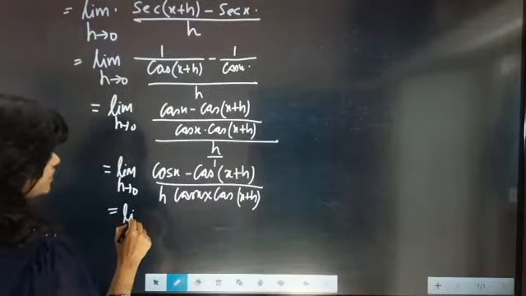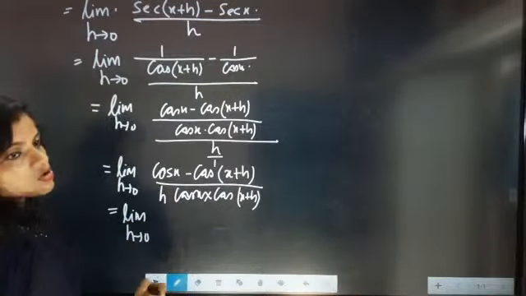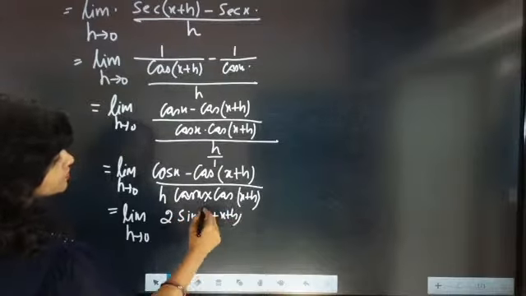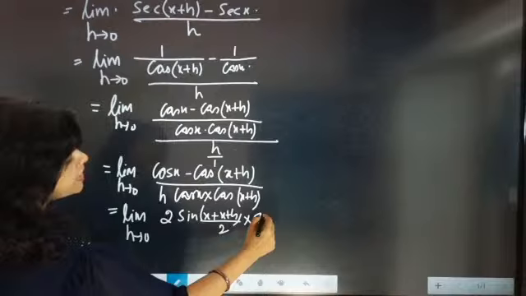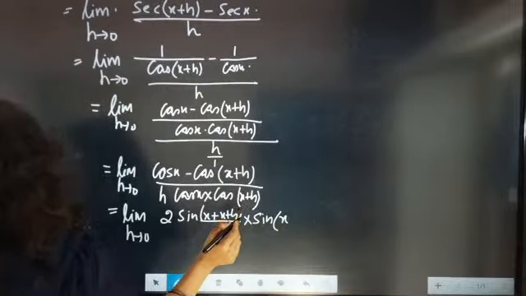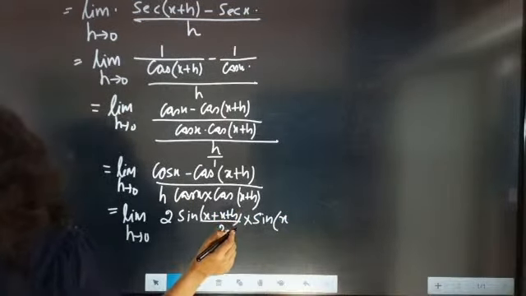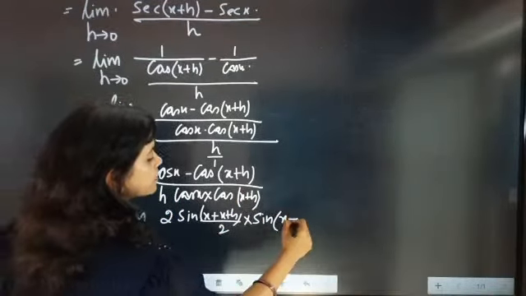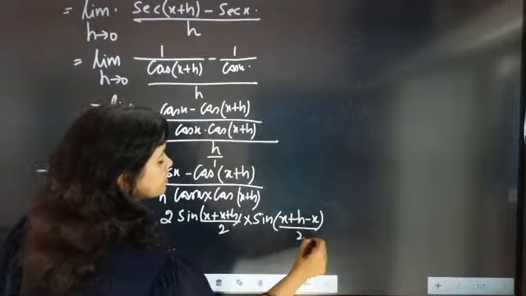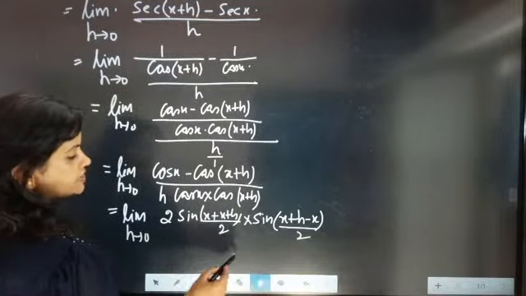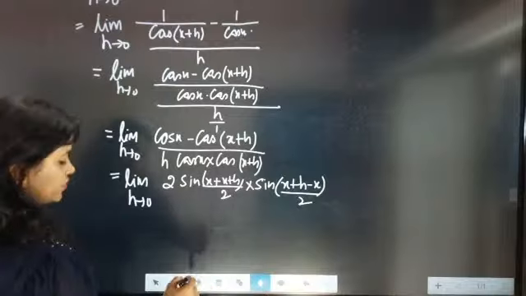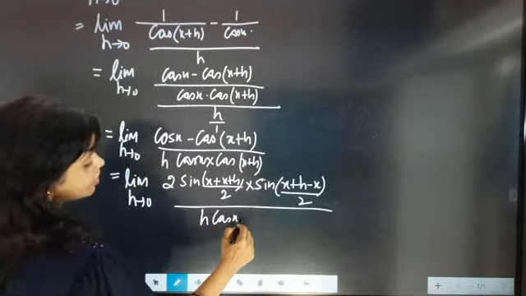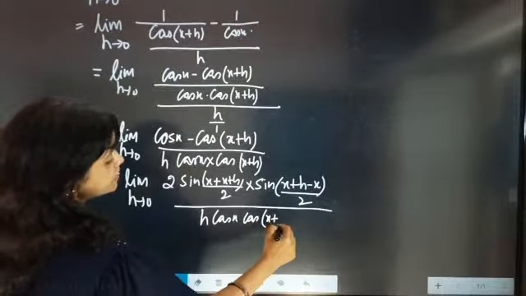So the cos a minus cos b formula is 2 sin of (a plus b) by 2 into sin of (a minus b) by 2. So x plus h minus x by 2. Now the denominator part will be coming as h cos of x plus h.